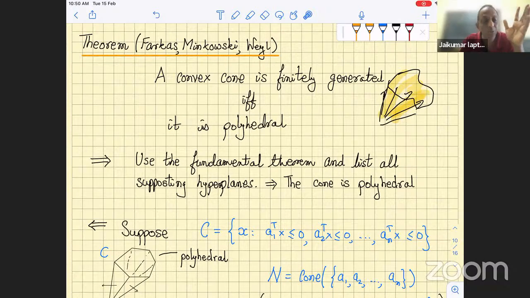So we don't need to run through all imaginable hyperplanes which separate this cone from other points. Go over all the size m-1 subsets of the points a1 to an which were generating the cone. See if they produce a hyperplane on which the cone rests and lies on one side.